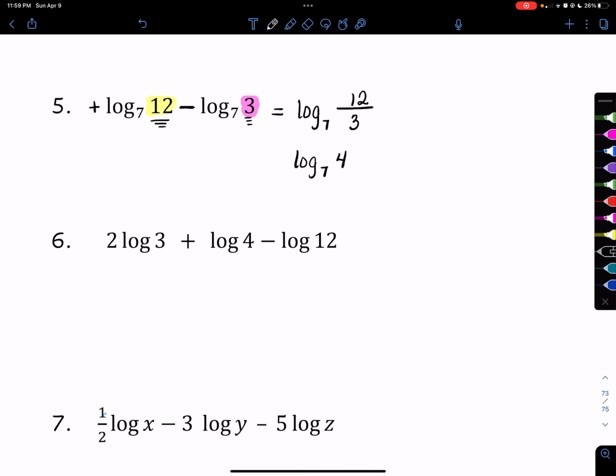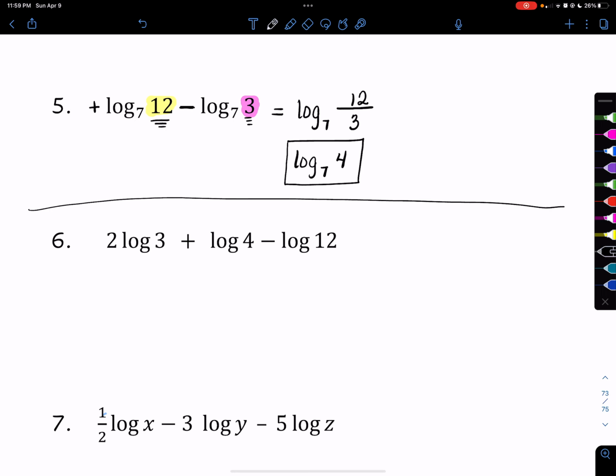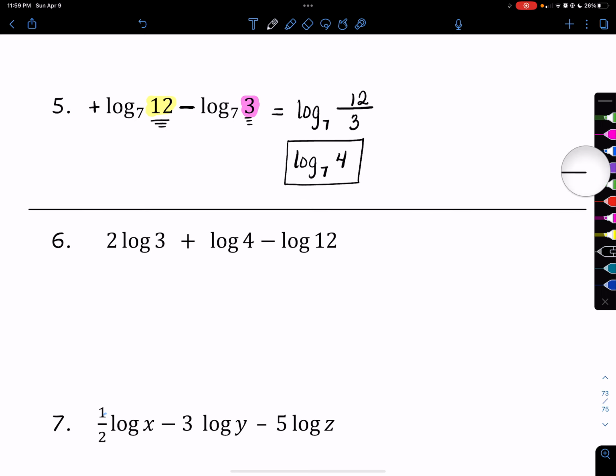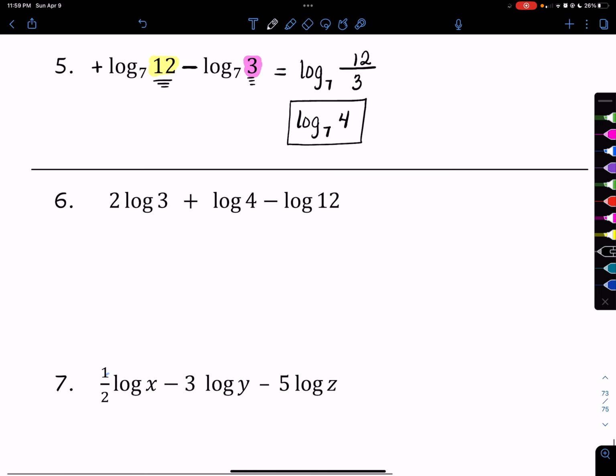Is there anything that's 7 to any power to give me 4? Nope. So that is condensing it. Taking multiple logs and bringing them together to be 1. All right. Let's go on to number 6.